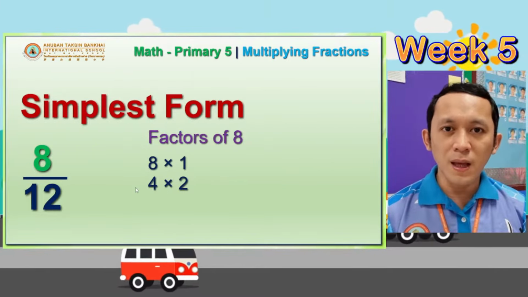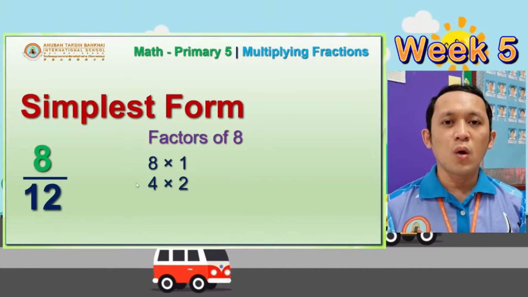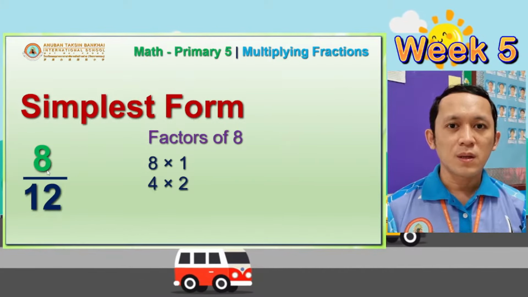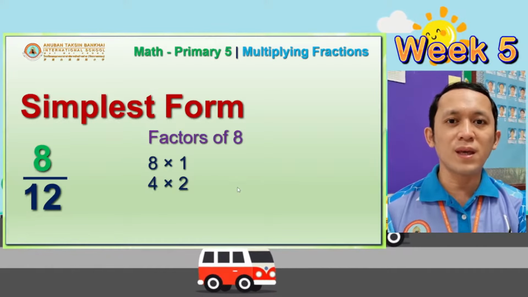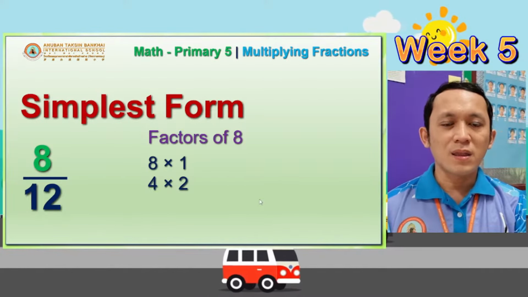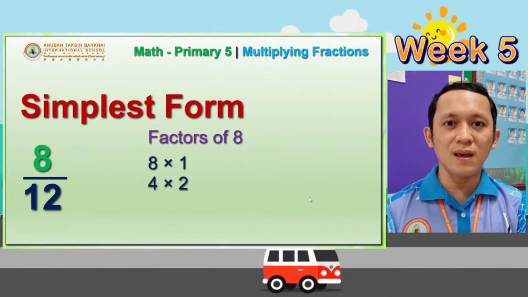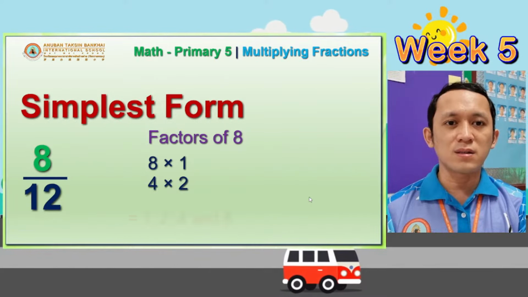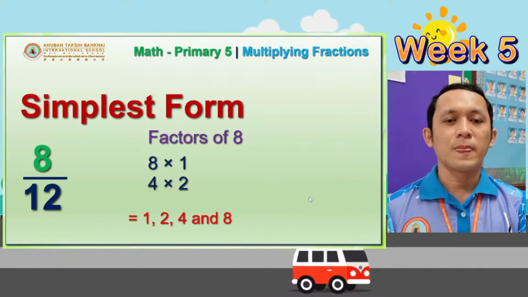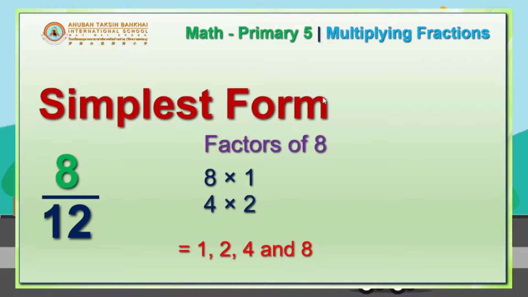If we multiply 4 and 2, we will have 8. Aside from these two, we cannot get any numbers that we can use to multiply to get 8. So we can say that our factors are 1, 2, 4, and 8. Those are the factors of 8.